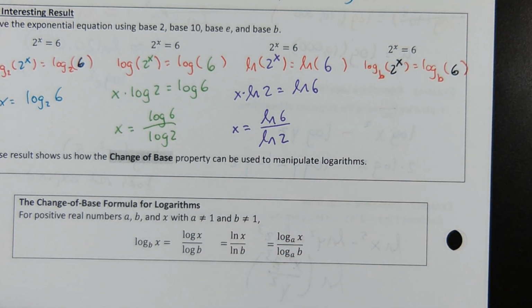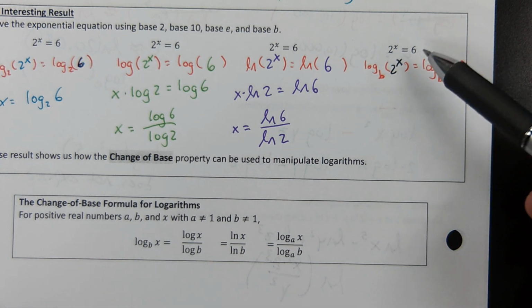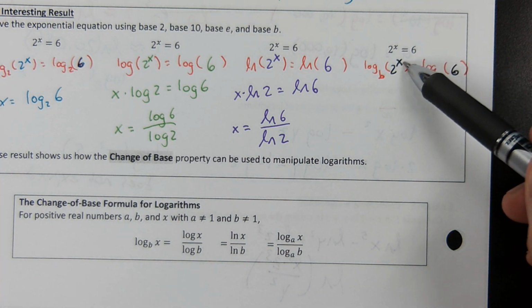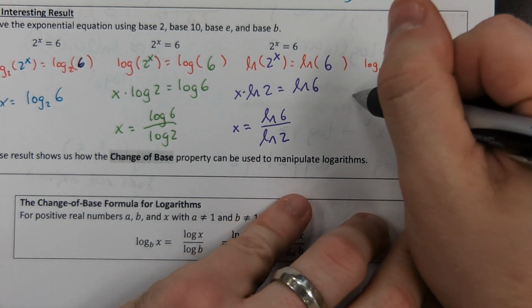Really trying to hyper-exaggerate the curviness of my 6's so you don't think they're b's. Log base b does not cancel exponential base 2. But there is an exponent in the argument that can be brought to the front.